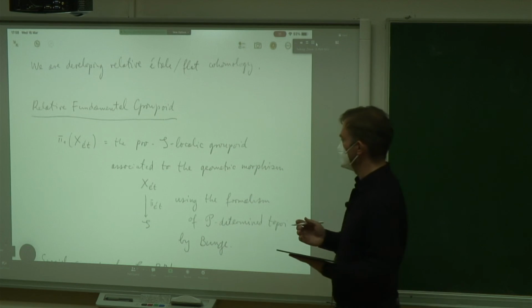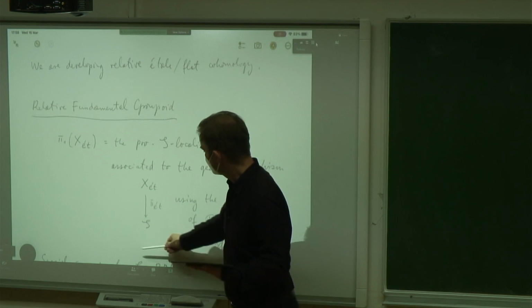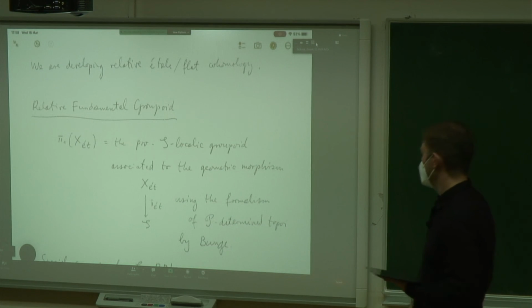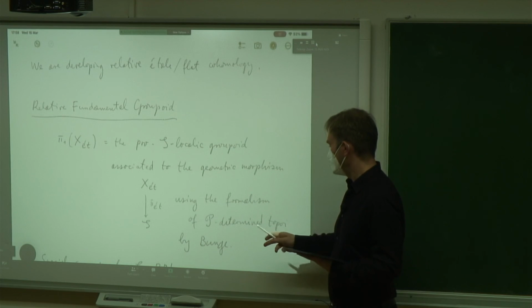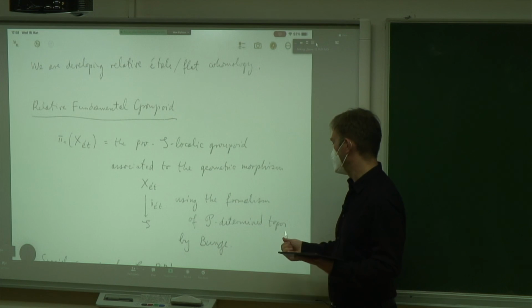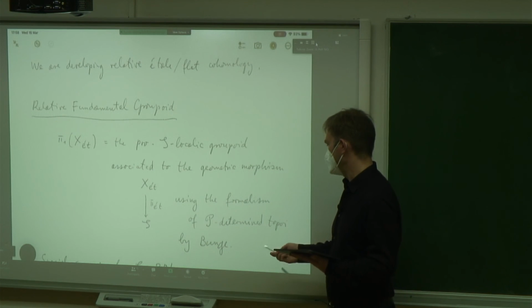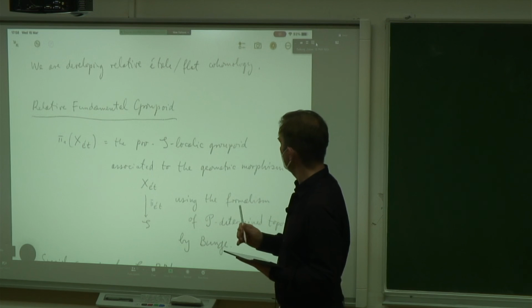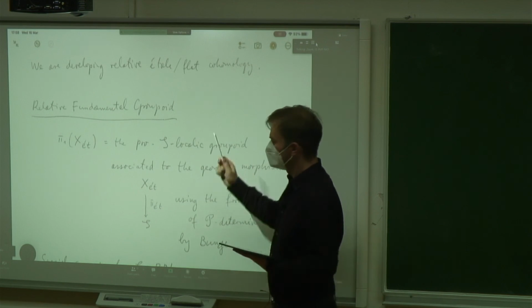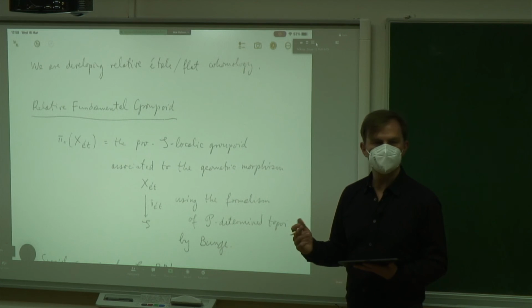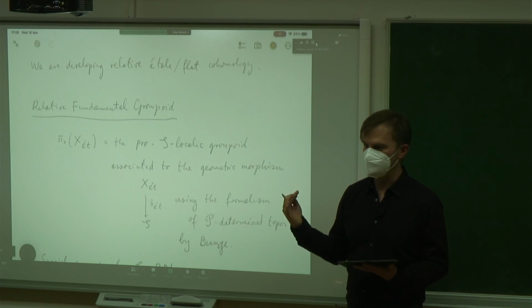And how do you do this? Well, you consider the structure morphism into S, and you use certain formalism of sort of topos theoretic Galois theory for p-determined toposes by Marta Bunge, and that will give you what kind of groupoid? Well, you know that in the classical case, Galois groups are profinite groups.